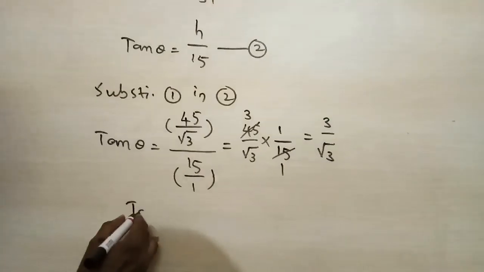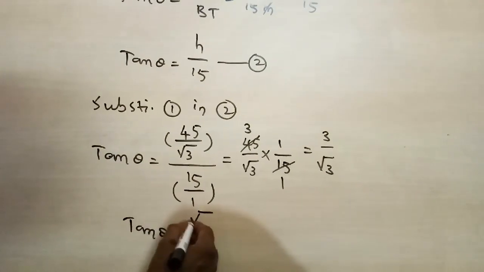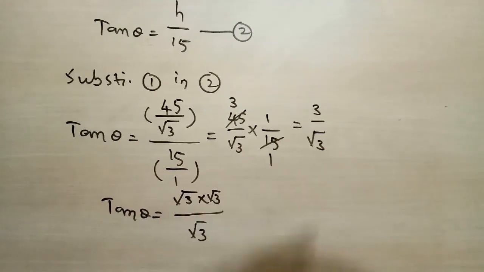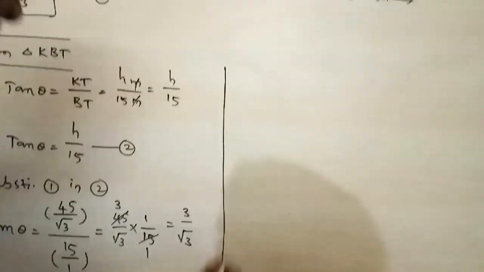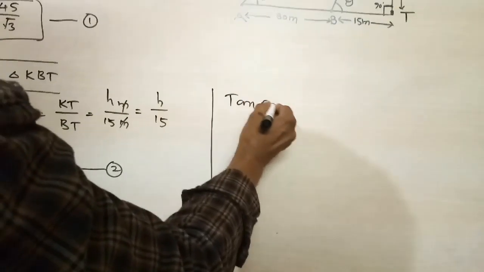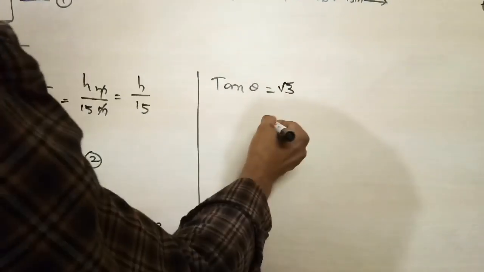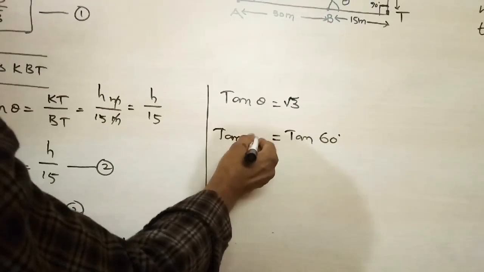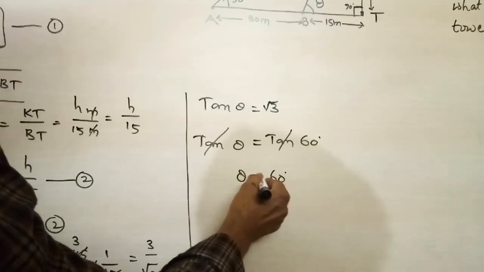I can write this 3 as root 3 into root 3, keeping the denominator as it is. These cancel, and tan theta is equal to root 3. Root 3 can be written as tan 60 degrees. So tan theta equals tan 60 degrees, the tan cancels, and theta is equal to 60 degrees.